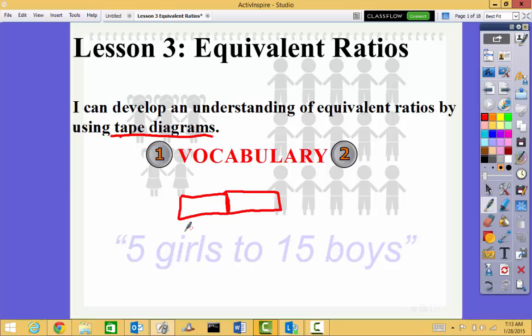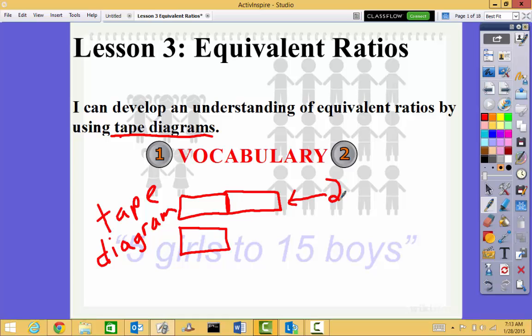We use them in expressions. Now we're going to be using them in our ratios. So this would be an example of a tape diagram, when we have these rectangles that represent numbers. So this would represent 2. This would represent 1. So let's go on to our next problem.